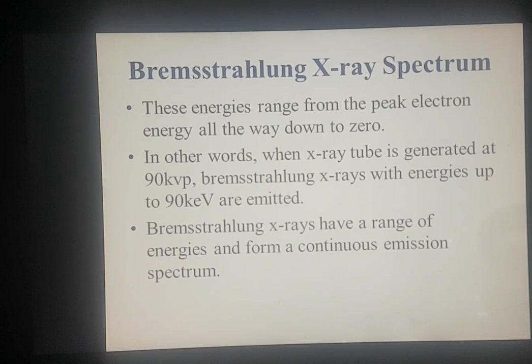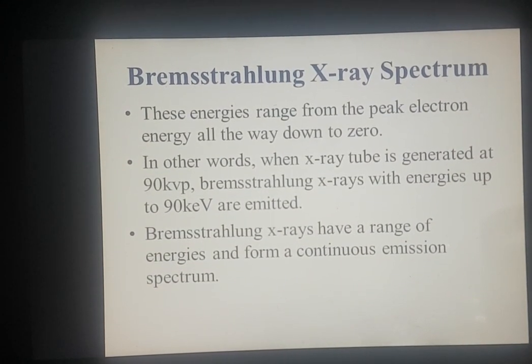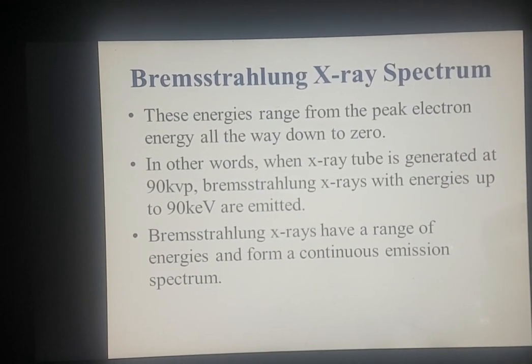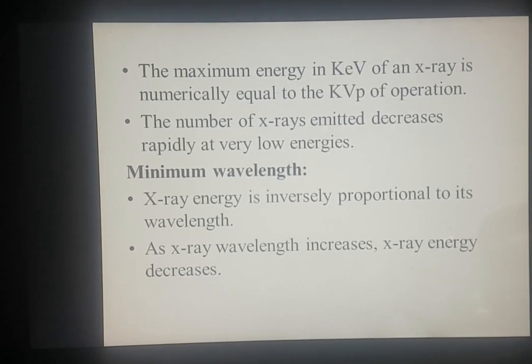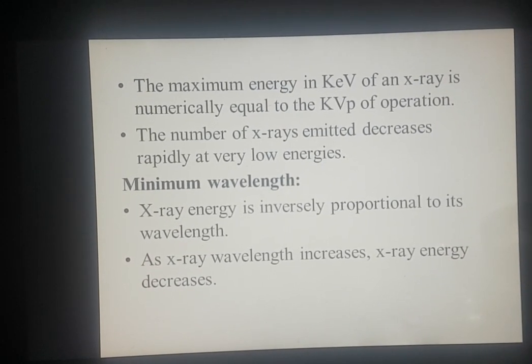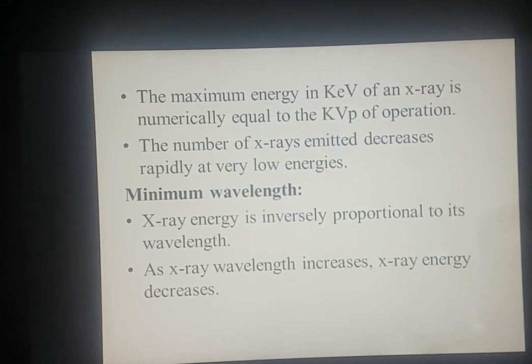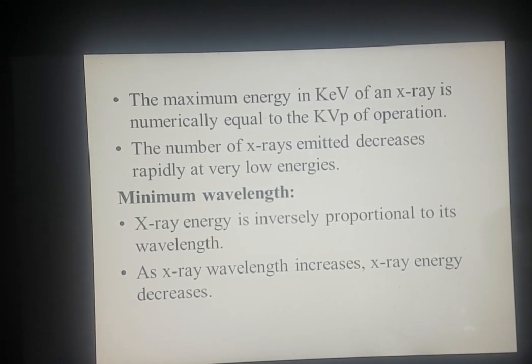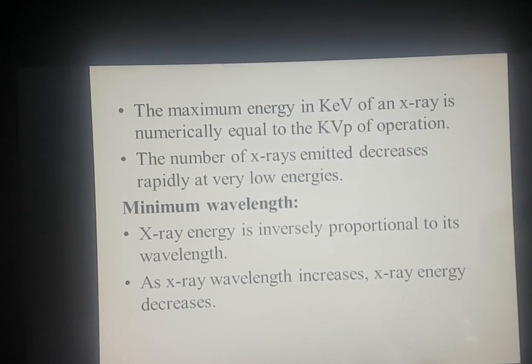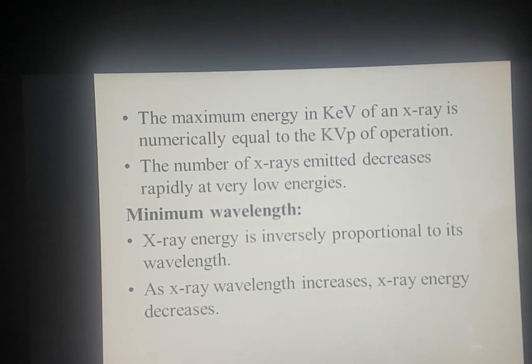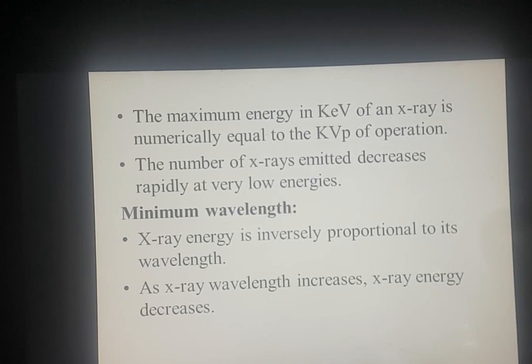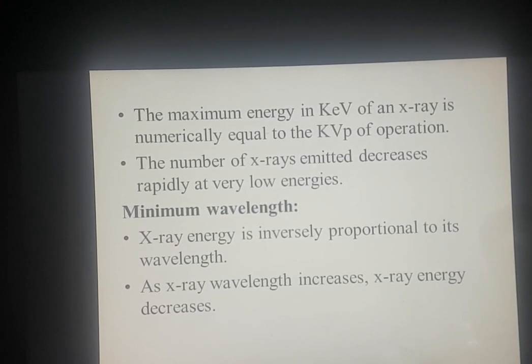Now Bremsstrahlung X-rays have a range of energies and form a continuous emission spectrum. The maximum energy in kilo electron volt of an X-ray is numerically equal to the kVp of operation. So we have already talked about it, that we can control the kilo electron volt of an X-ray by controlling the kilovoltage peak at the console.